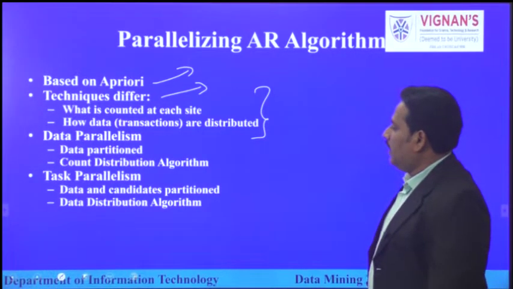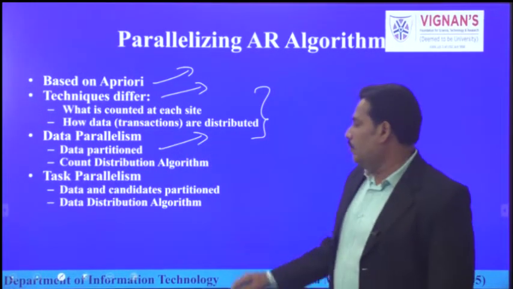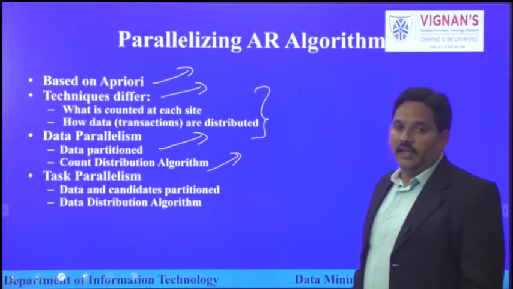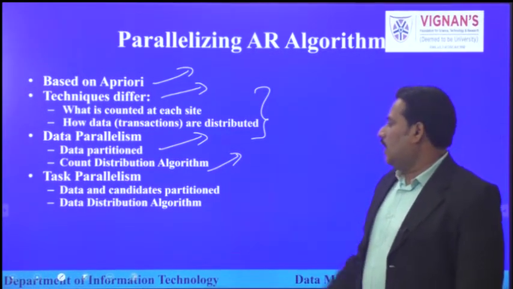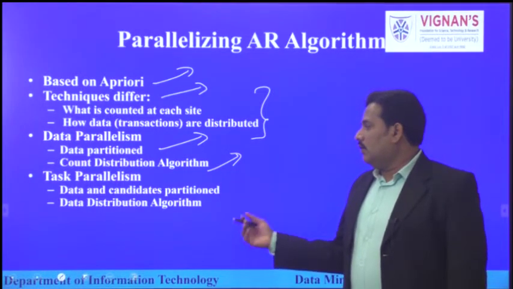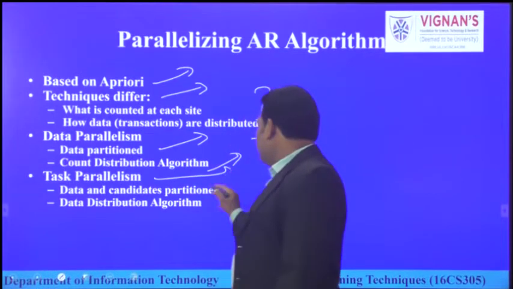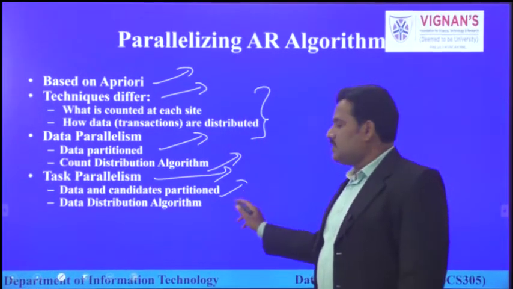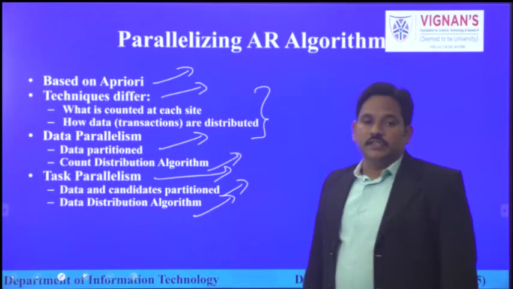Now, what is happening in data parallelism? We are dividing the data into partitions, and we are using the count distribution algorithm. When we want to do task parallelism, data and candidates are going to be partitioned and we can apply the data distribution algorithm.